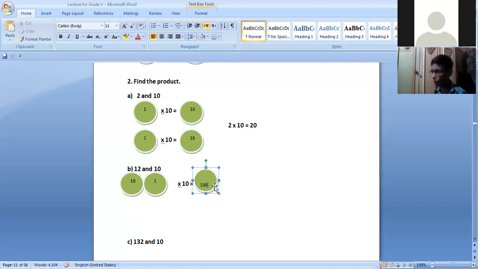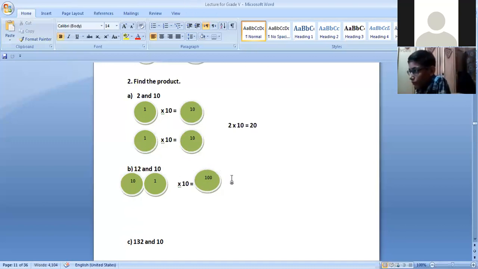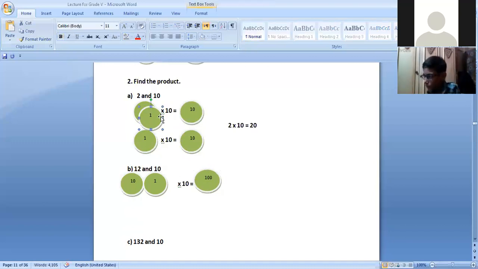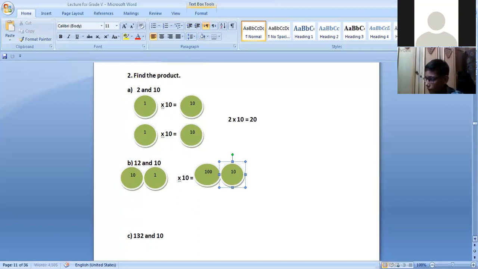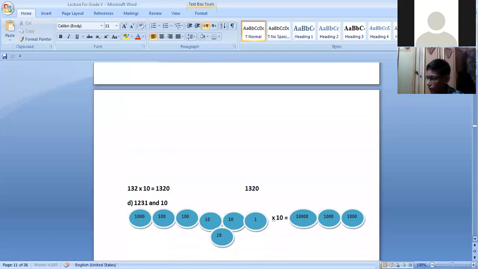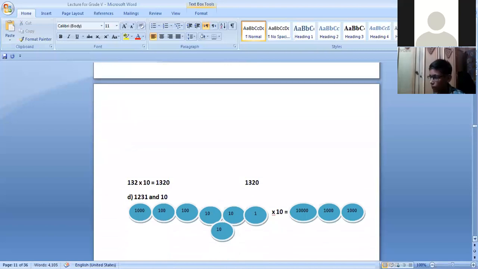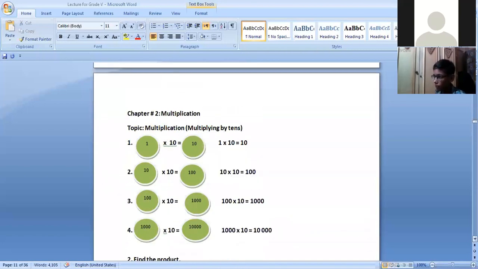It becomes disk number 1 multiplied and solved. 1 times 100 and it becomes 10 times 100.